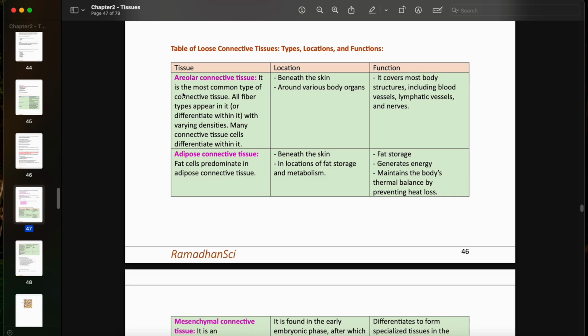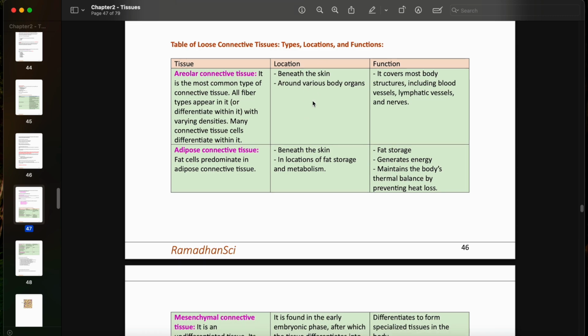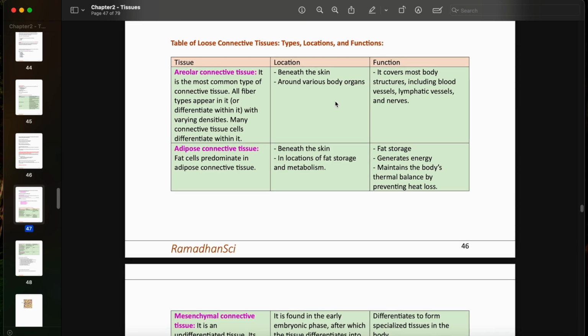The location, beneath the skin or around various body organs. This was a previous question. I'm quite sure that they give you what is the type of tissue in each of the following, and they tell you around various body organs, and the answer is areolar connective tissue. The function, you can have a question like what's the function of the areolar connective tissue, and it covers most body structures, including blood vessels, lymphatic vessels, and nerves.